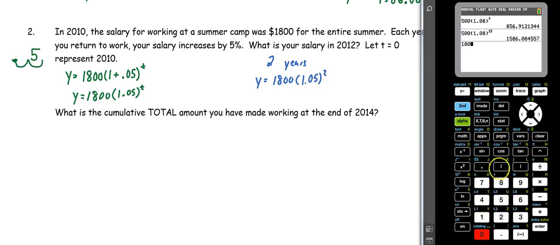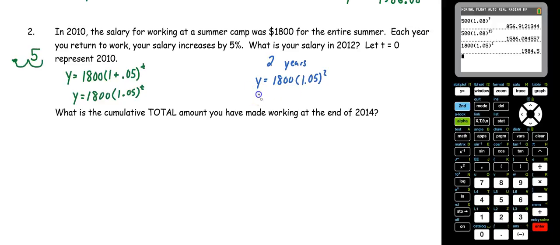You can use the square button, or you can just use your caret again. 1.05 caret 2. So your salary then for that year would be $1,984.50. Remember, if it only gives you one decimal place, we usually have 2 with money, so we're going to add a 0 at the end.